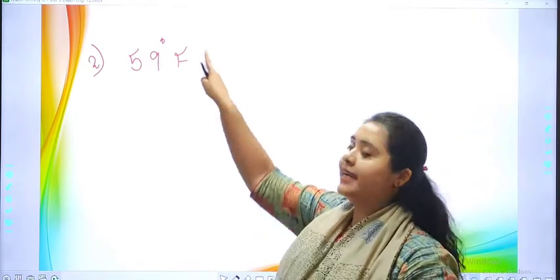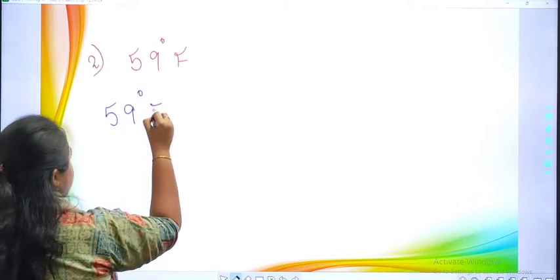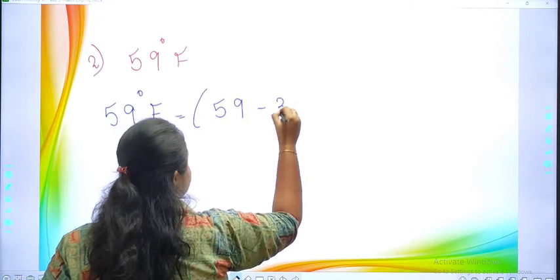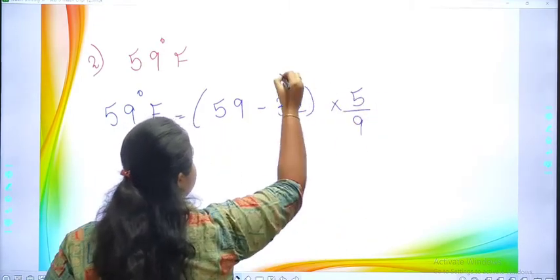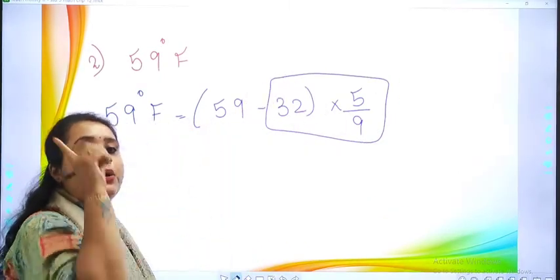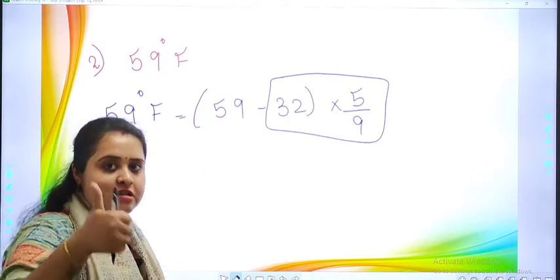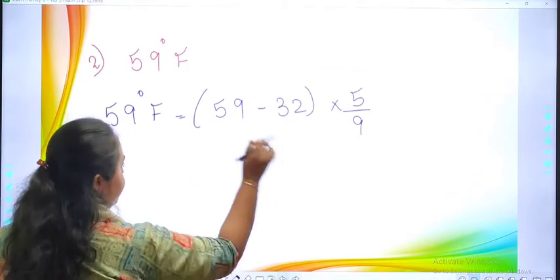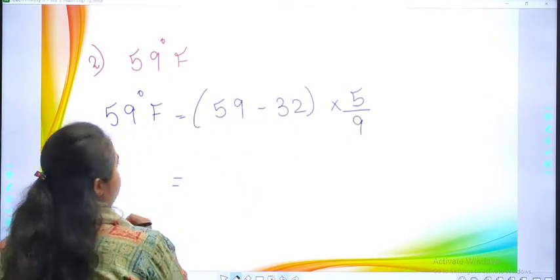That is 59 degree F. That means 59 minus 32 into 5/9. This will remain the same in each and every sum where we are supposed to convert it into Celsius. Done? Easy? Okay. I am erasing this. Now 59 minus 32.